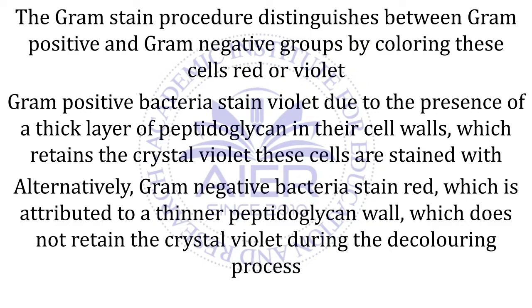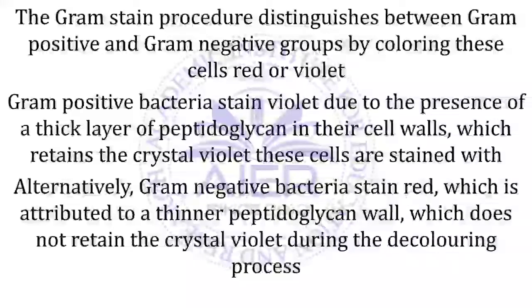Now the gram positive bacteria stain violet. Why? Because of the presence of a thick layer of peptidoglycan in the cell wall, which retains the crystal violet, and these cells stained with crystal violet retain the color within them. Alternatively, the gram-negative bacteria stain red, which is attributed to a thinner peptidoglycan wall.